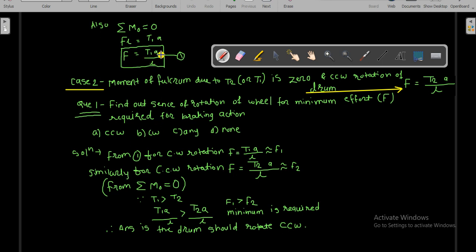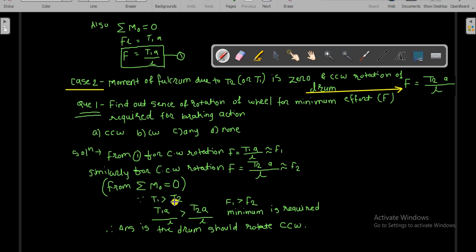For clockwise rotation, applied force F1 equal to T1A by L, and for counterclockwise rotation of wheel, applied external force F2 equal to T2A by L. We have found it from the summation of moment equal to 0.